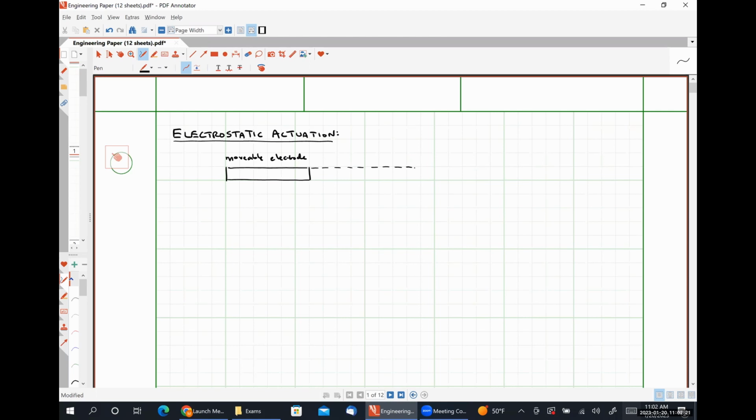And I'm just establishing the coordinate system here. So this is going to be our X direction. And down here, we have our stationary or anchored electrode.